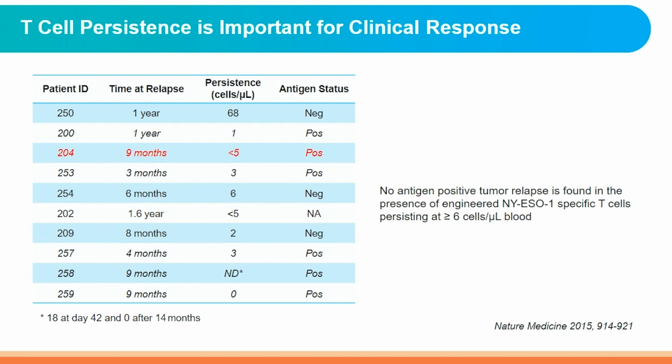The data table here summarizes the relapse time, persistency, and antigen status for patients who had progression after treatment. By comparing with persistent data without relapse, the author concluded that no antigen-positive tumor relapse is found if the persistency of TCR T cells is at least 6 cells per microliter of blood.